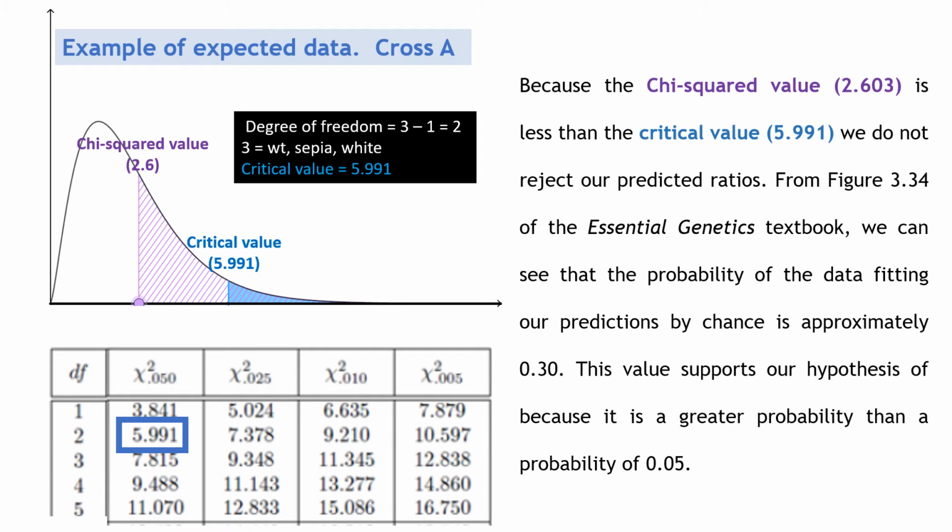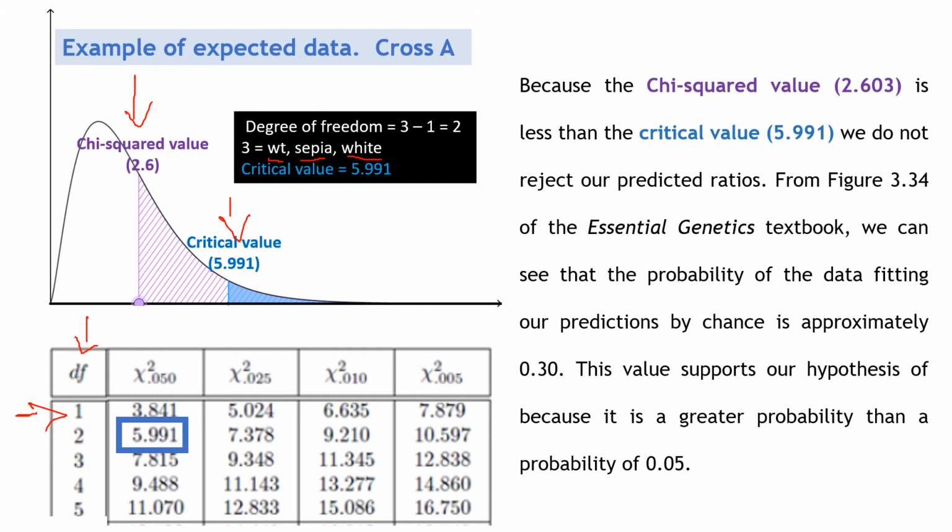Okay, for your analysis, remember you will need the chi-square that you already got from the previous table. You need a critical value that you will get from this table, but before using this, you need to have the degrees of freedom. How do you get the degrees of freedom? If you remember the video lecture, you need to count how many treatments you have. So you have 1 that is wild type, 2 that is sepia, and 3 that is white.